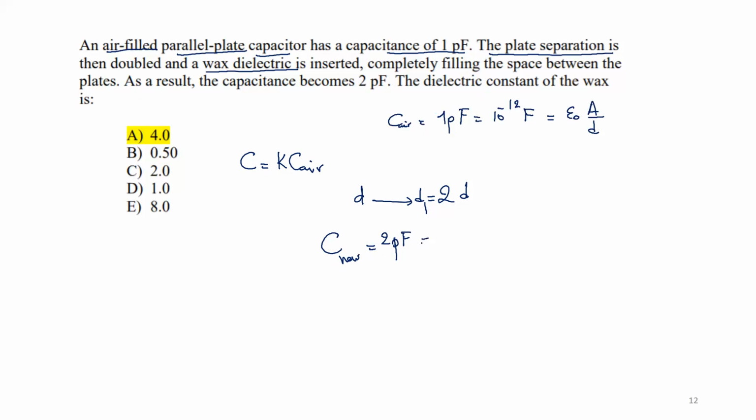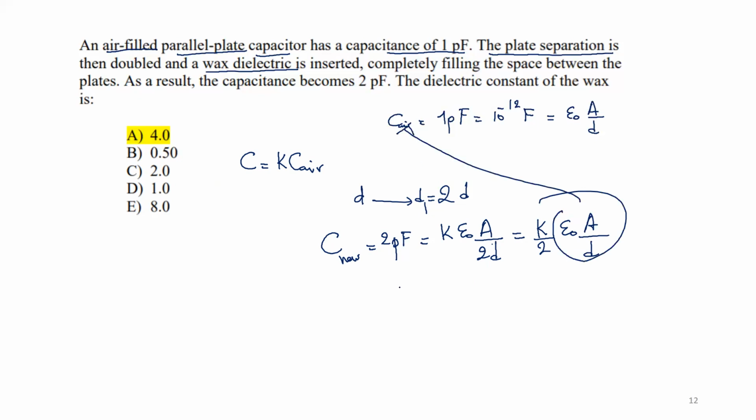So this C new is just kappa, which is my dielectric constant that I don't know, multiplied by epsilon naught A, same area, divided by 2D, because the new distance now is 2D. So this is kappa divided by 2, epsilon naught A divided by D, and this by definition is just my Ca.